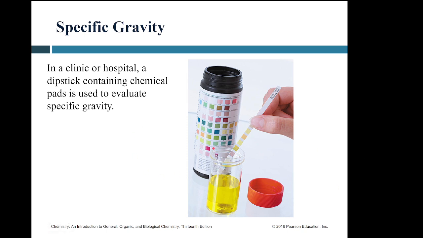They've actually made what are called dipsticks right here. They contain chemical pads. They're used to evaluate the specific gravity. You can also include things like pH measurements on it to determine acidity, and test for ketone bodies as well. It's a very, very useful tool.